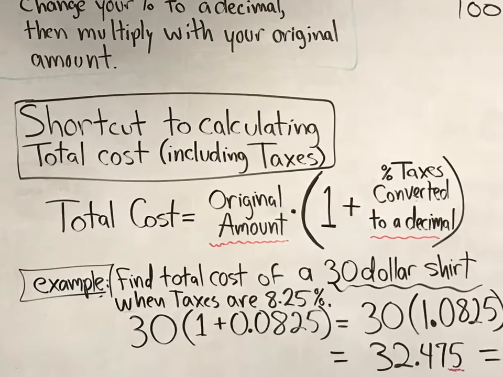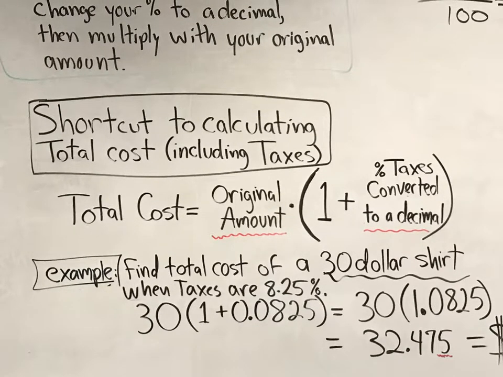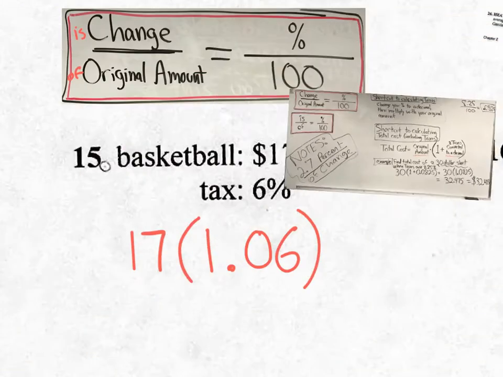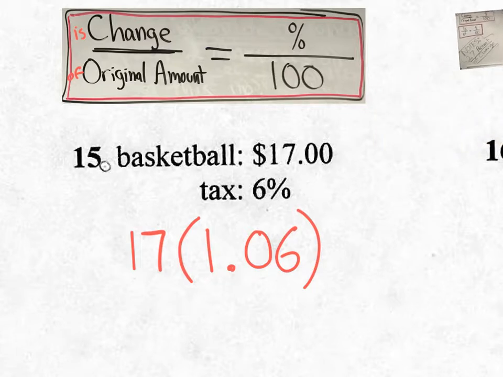Now, we are skipping, let me show you. On our notes in class, we are skipping the step of writing 1 plus whatever those taxes are converted to a decimal, right? We're just putting it together. If I go 1 plus 0.65, then I'm just going to write it as 1.65. I might as well skip that step. So right here, the 6% as a decimal is 0.06.